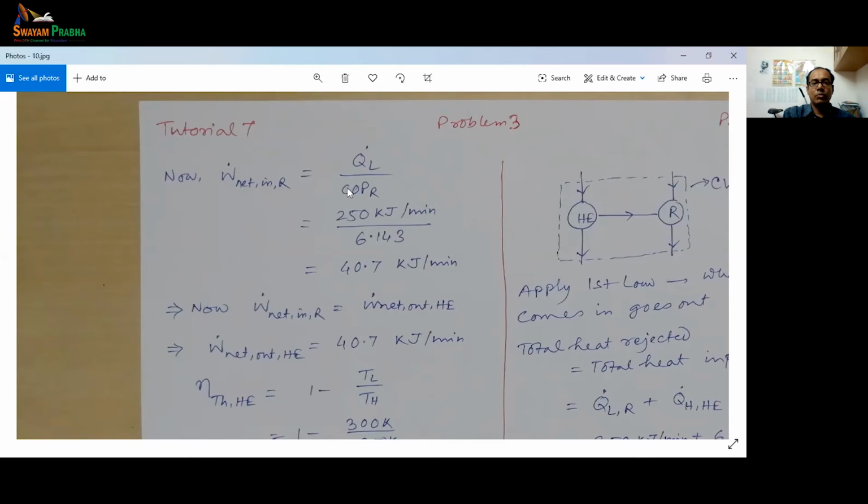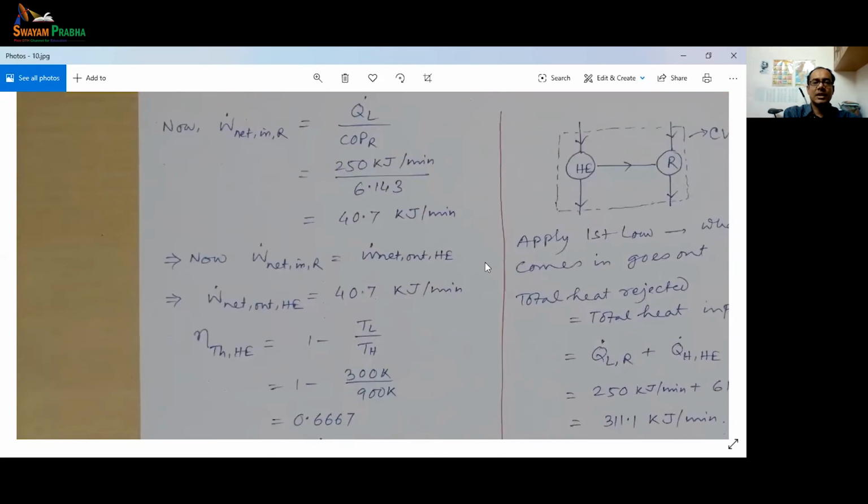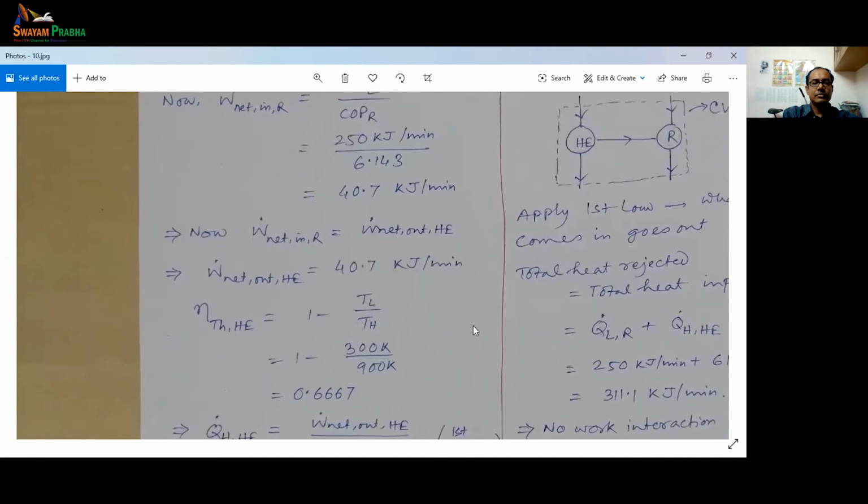Okay, so we know both the values now, and we'll find the work input is 40.7 kilojoule per minute. We did not change the unit to kilowatt or anything. We just kept the same kilojoule per minute for the time being.